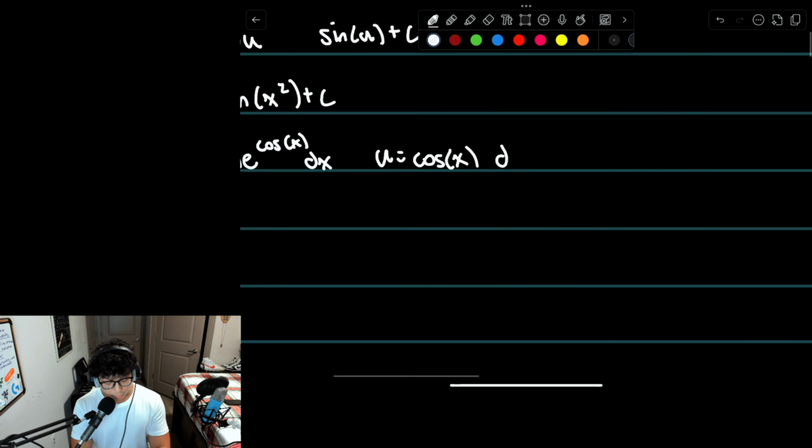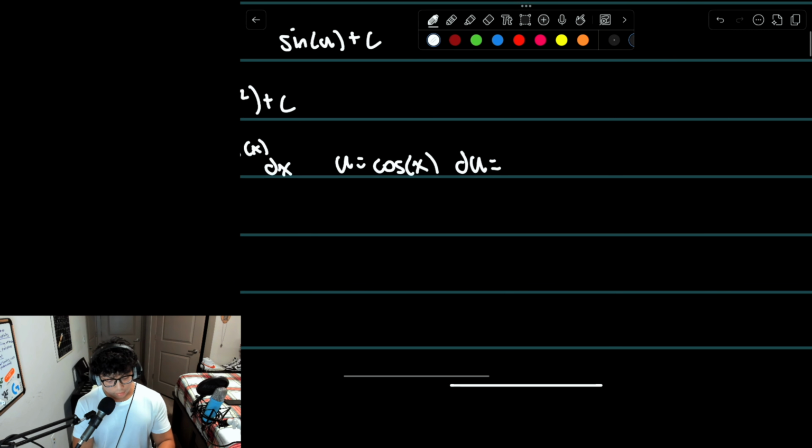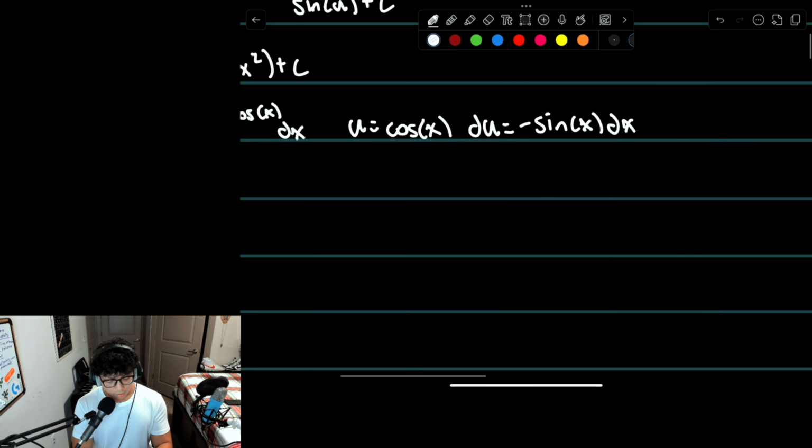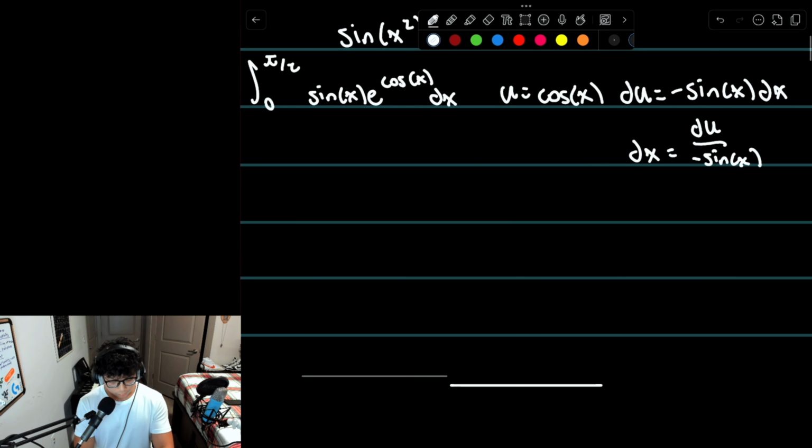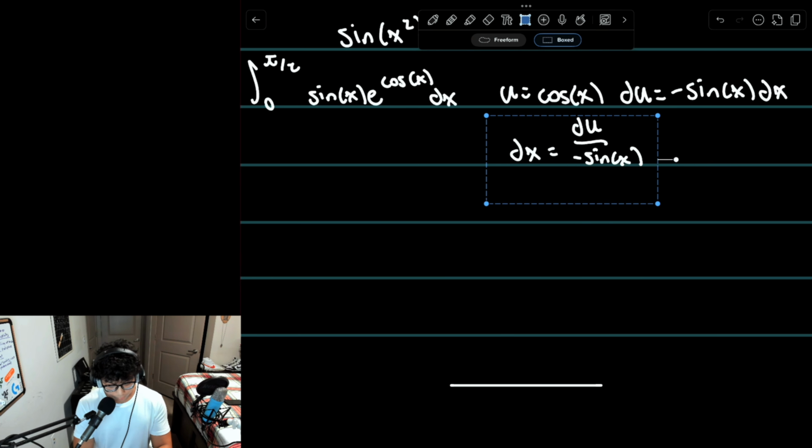We know that the derivative of cosine is negative sine, and that is multiplied, technically, by dx. And solve for dx, which becomes du over negative sine x. I'll move that under the u.